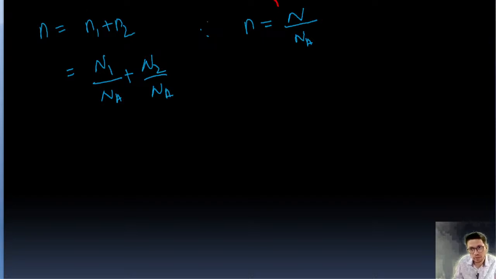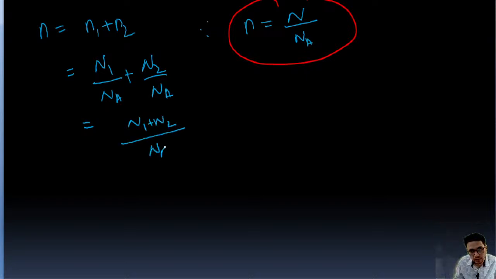These are very important formulas you need to note down. So this value is going to be (N1 plus N2) upon Na.